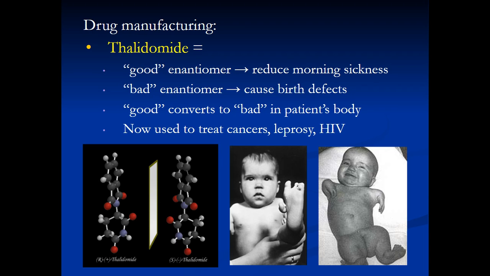So this was the first discovered incidence in which we realized that there was what's called a racemic mix. You have a 50-50 split: when you created the thalidomide, 50% of it turned out to be left-handed and 50% of it turned out to be right-handed. And so this was kind of the birth of this understanding of handedness, or enantiomers, that exist between our molecules.